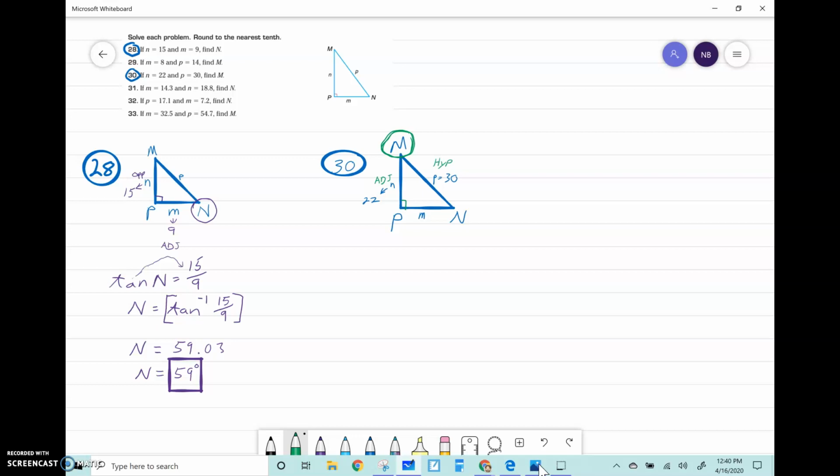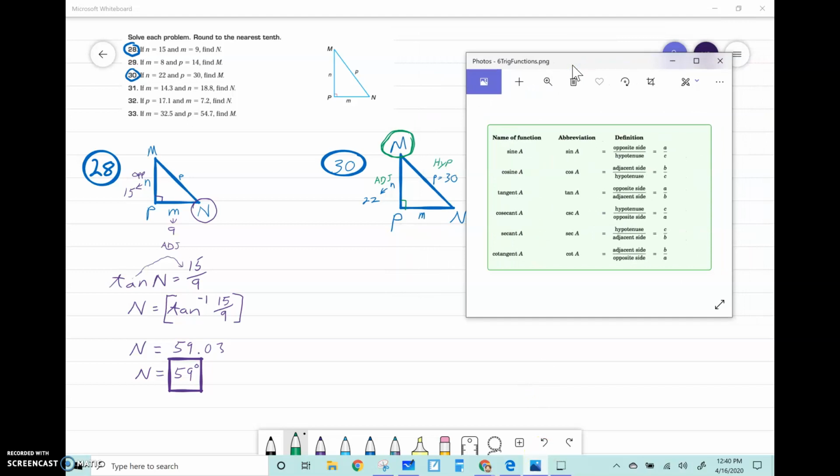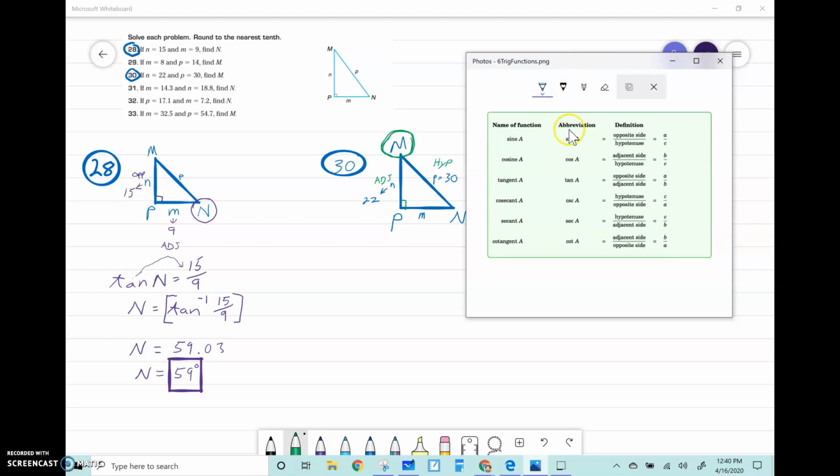Let's use our chart, our table, and look for the function that has the same information I have on my assignment. They've given me the adjacent side and the hypotenuse. First I look at my big three; the big three is always what you want to look at first. I've got opposite and the hypotenuse. Nope, I don't need that, since I'm not solving for side M. I'm looking for adjacent and hypotenuse, and it is right here. Cosine is telling me I'm going to use adjacent over hypotenuse.